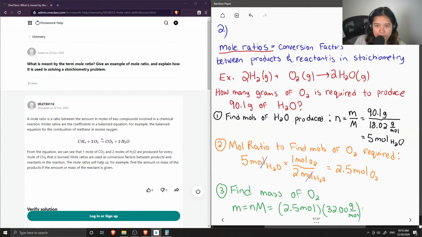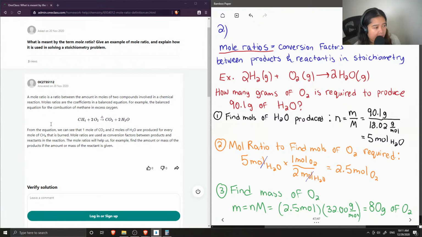And again, we know this because 1 atom of oxygen has a molar mass of 16. So since O2 has 2 atoms of oxygen, its molar mass is 32. So this tells us that we need 80 grams of oxygen to produce 90.1 grams of water. Okay, so let's see what the junior tutor said.